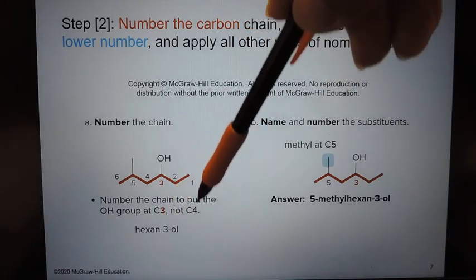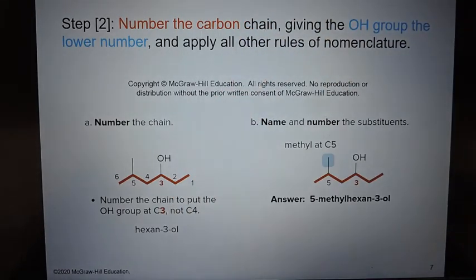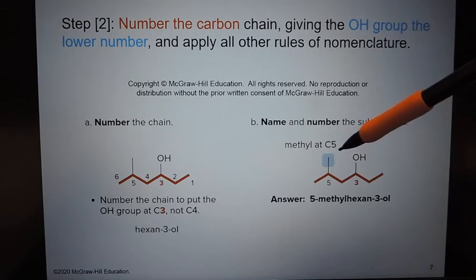Not only hexanol, it became hexane-3-ol because carbon number 3 is attached to the hydroxy group, but also because it has an alkyl group attached to the 5th carbon, we'll have to name it according to the IUPAC rule: 5-methyl hexane-3-ol.